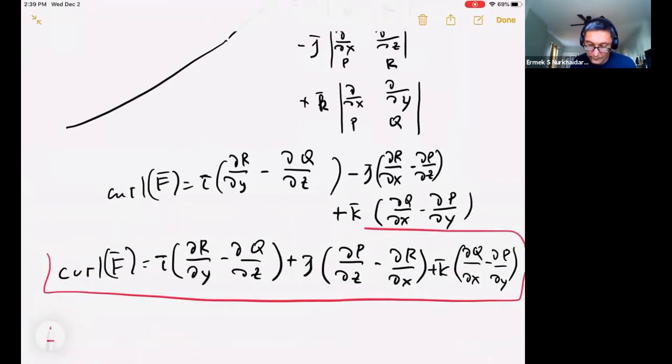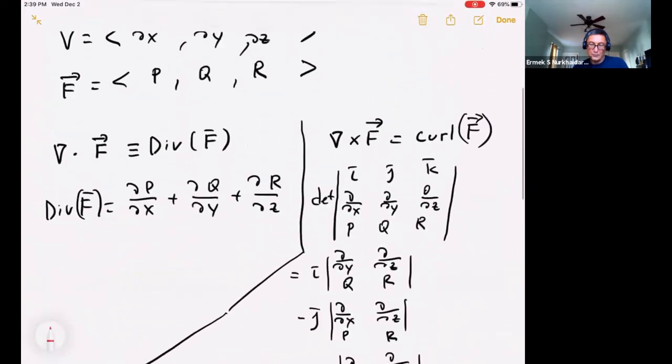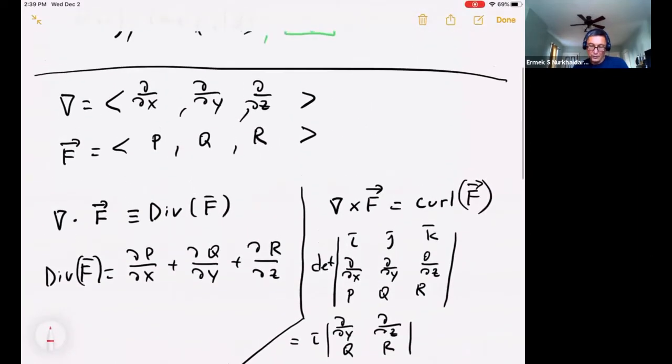That's a curl. It's a bit of an ugly formula. If you try to memorize it, memorize it. Otherwise, see how it comes from your cross product, and it comes from a determinant. If you're comfortable with calculating determinants, that's basically what is going on.